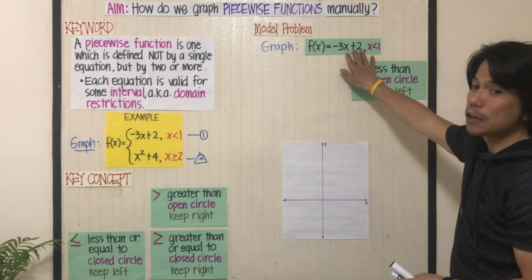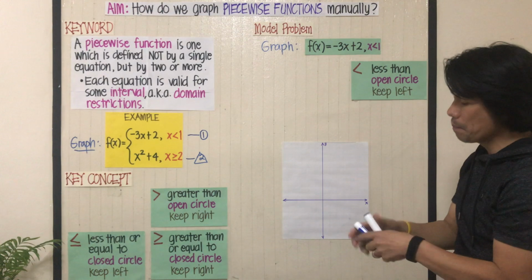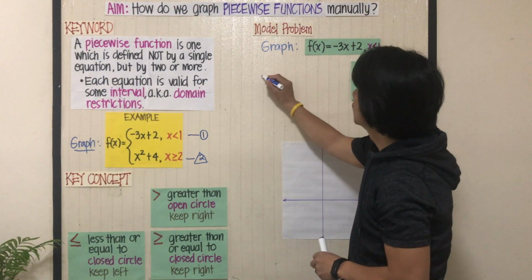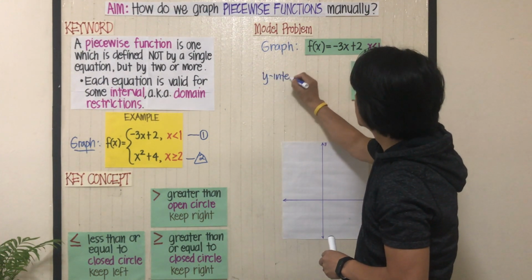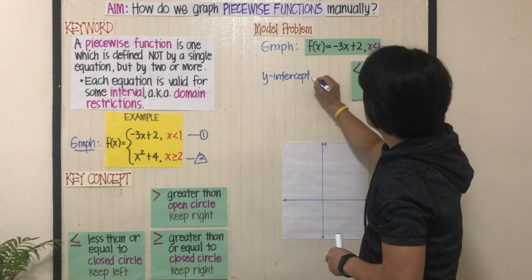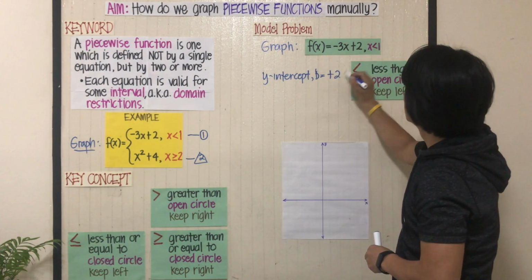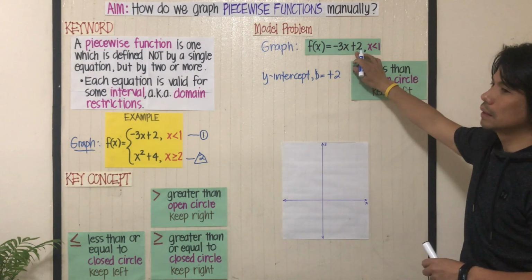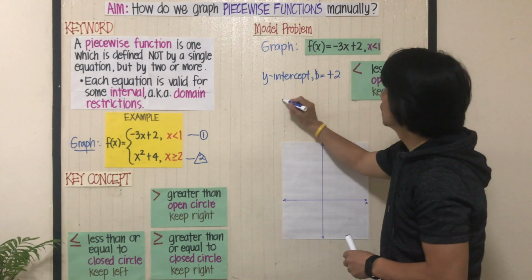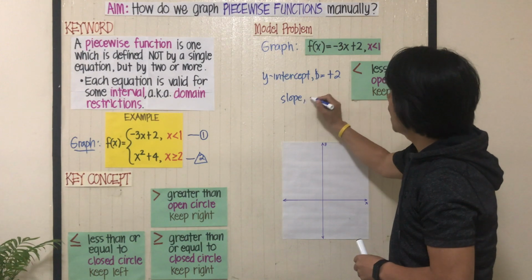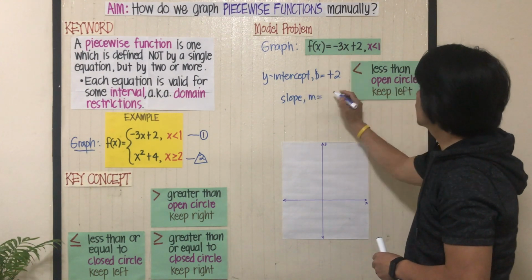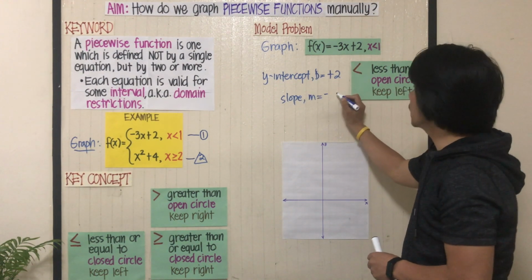Since it's a linear function written in slope-intercept form, we can identify the y-intercept, b, which is positive 2, the constant, and the slope, m, which is negative 3, the coefficient of x.